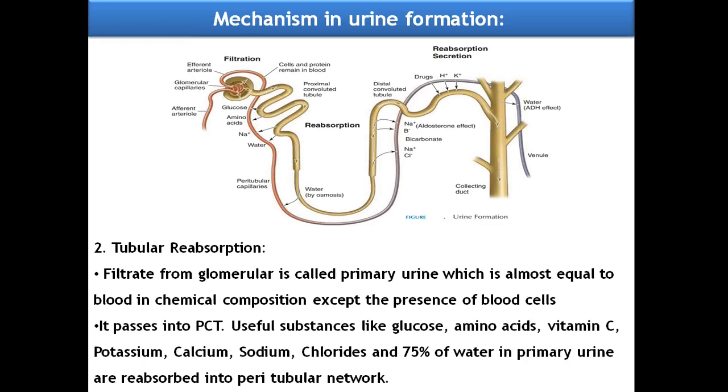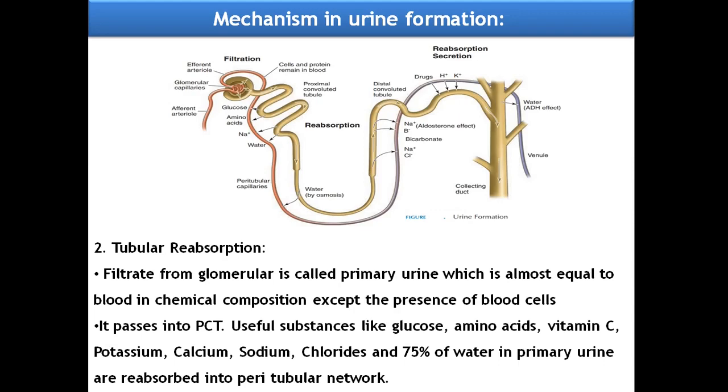Now coming to the next process, that is tubular reabsorption. The filtrate from the glomerulus is called primary urine. It is different from the urine which we generally excrete because it contains many useful substances and a large amount of water.